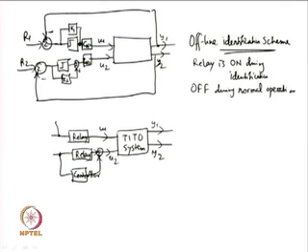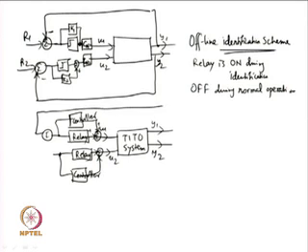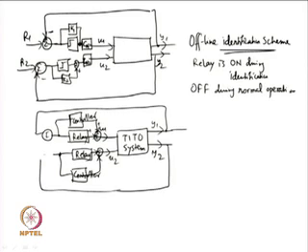So, we will have controllers in parallel with the relay, and then put it in closed loop in this form. Similarly, for the second loop, we will have the negative feedback.